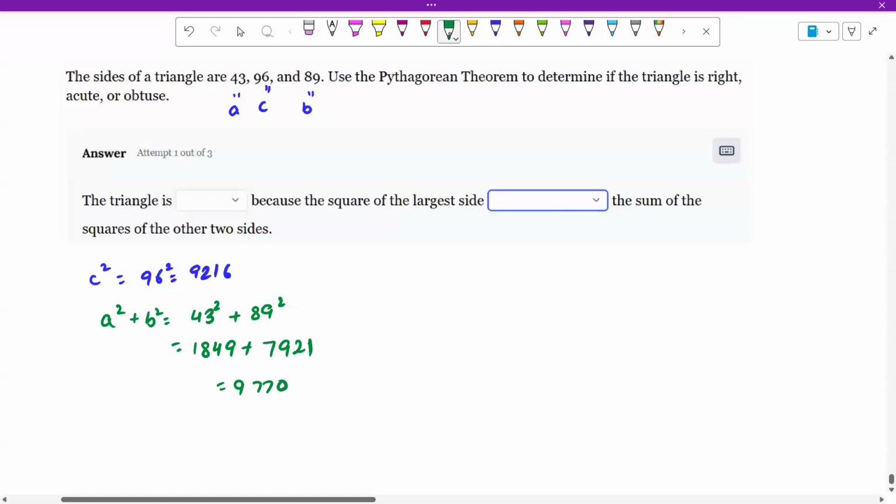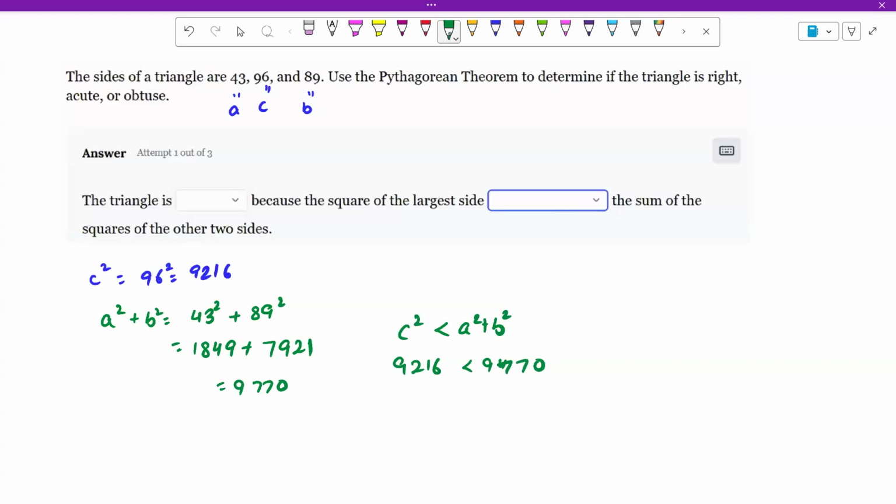And we can clearly see that C square is actually less than A square plus B square, because C square is 9216 and A square plus B square is 9770. Now, we just saw the criteria. So over here, it's acute.